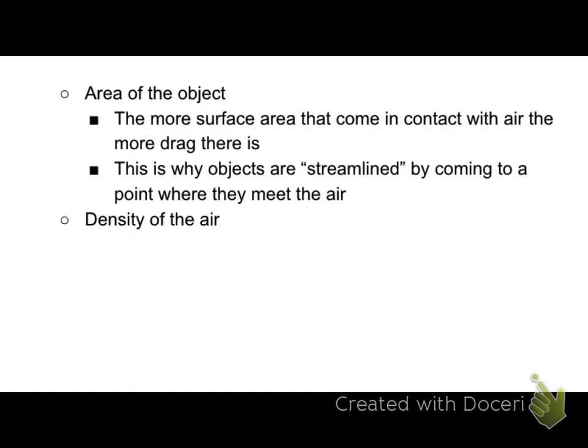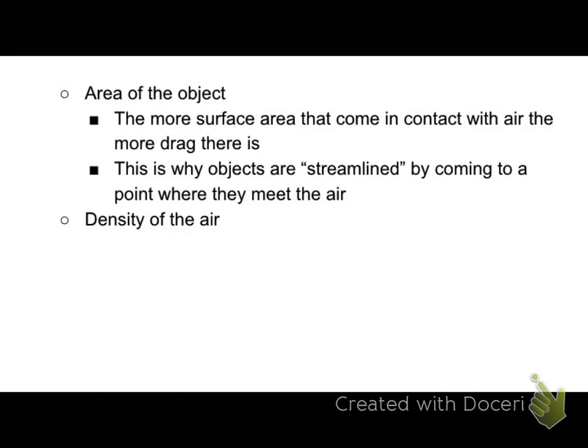Okay? So when you consider these past two things, when you consider that the smoothness and then the amount of surface area affect drag, you can begin to understand why we streamline objects. When we streamline objects, we make them smooth, so instead of being boxy, they'll be rounded.